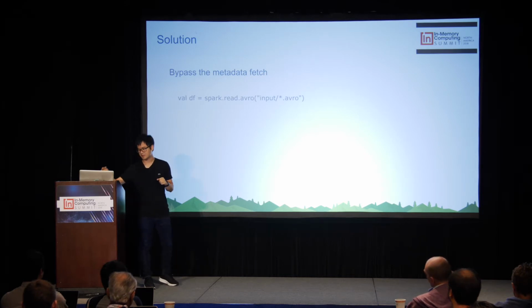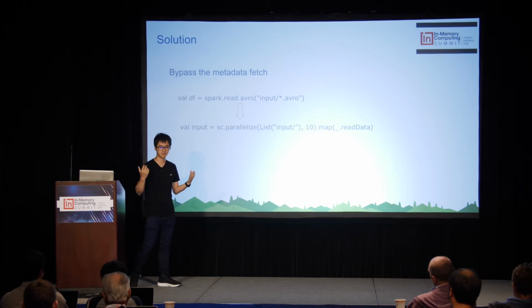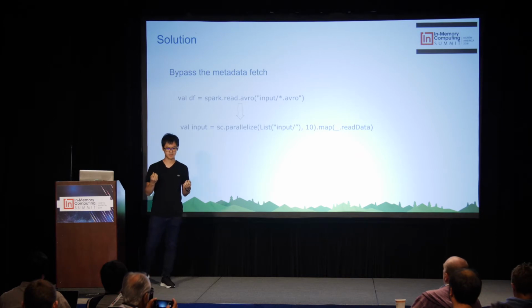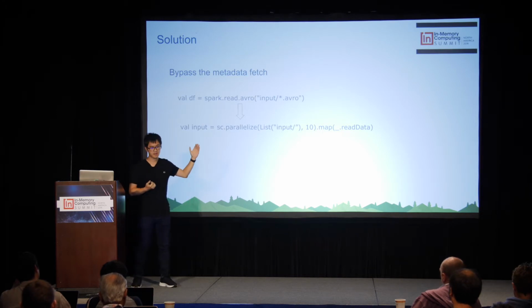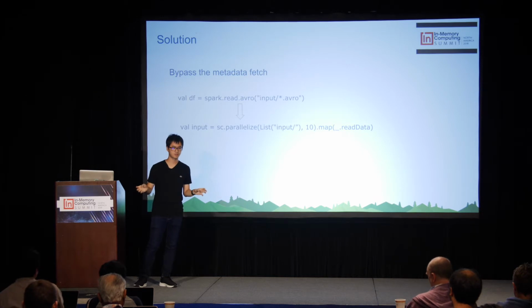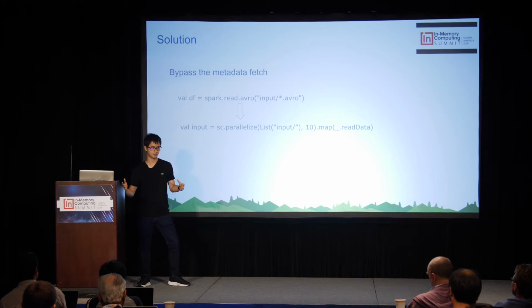So instead of calling the Spark native library, I will start doing it from scratch using the native parallelized API, where I provide all keys, distribute those keys to executors, and let the executors read the data in parallel.